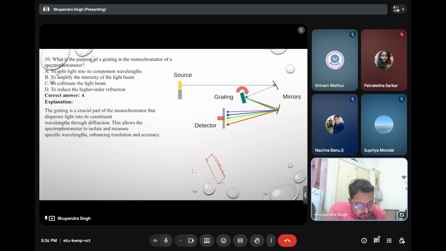When light falls here, it will disperse the light. Let's say white light is coming, just like a prism. Have you seen a prism? White light is there, and you have 7 lines, something like this. Full rainbow.